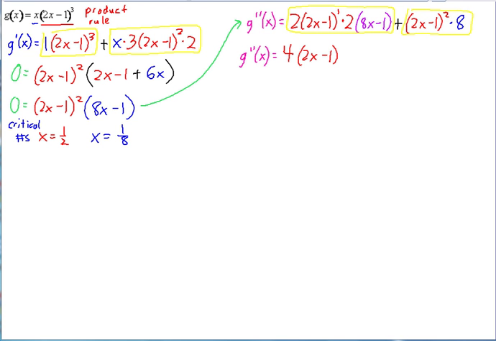And then what we have left, well, what's left of the first term, the 2's and the 2x minus 1 is gone, so all that's left is that 8x minus 1. Plus, here we're left with a 2x minus 1 because it was squared, and 8, we factored out 4, so there's a 2 left. So left with 2. And we're left with 2x minus 1.